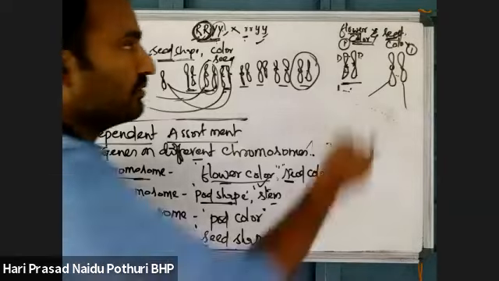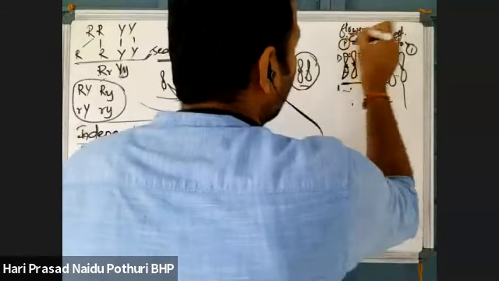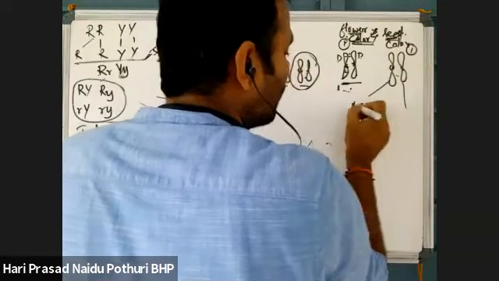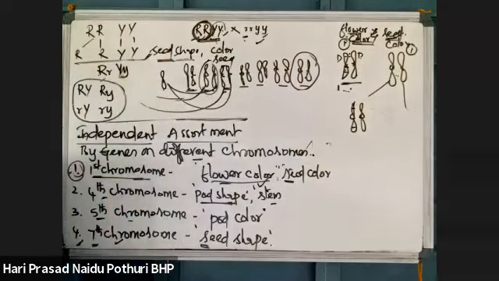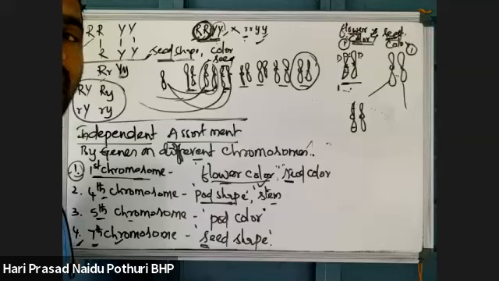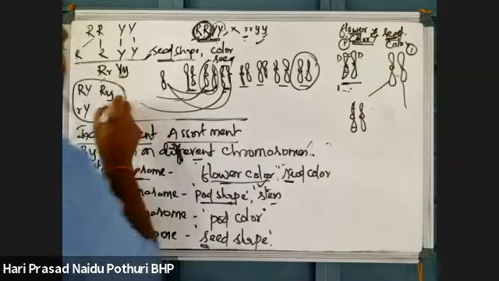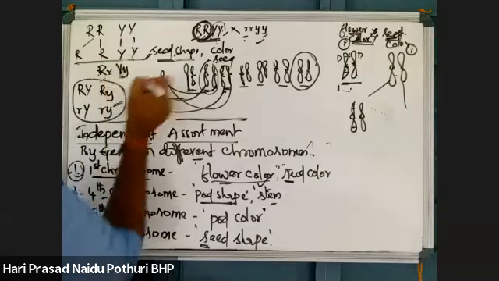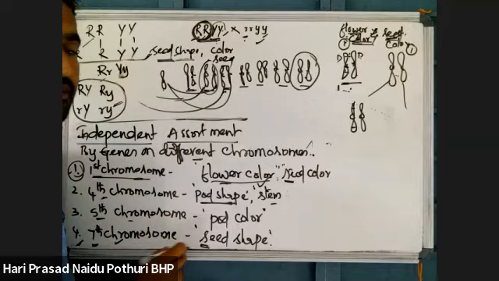But here, suppose flower color and seed color are on the same chromosome. The same chromosome has both characters, which means this is not possible. Here, chromosomes are separating 50%, 50%.